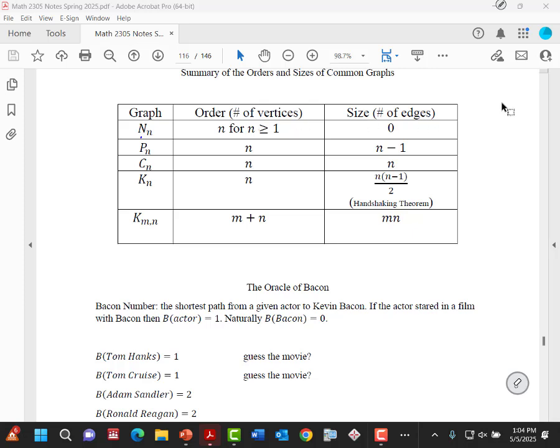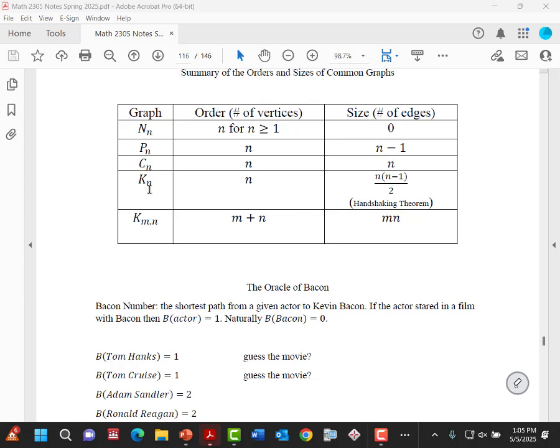But if you recall what the null graph looked like, there were no edges in any of them, so the size of the edge set would be 0. The path graph on n vertices has n vertices and n minus 1 edges. The cycle graph on n vertices has n vertices and n edges.